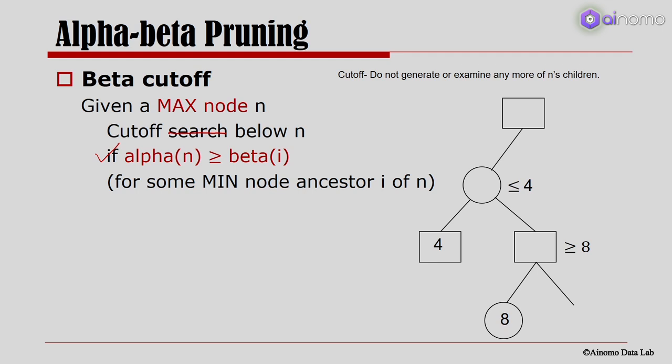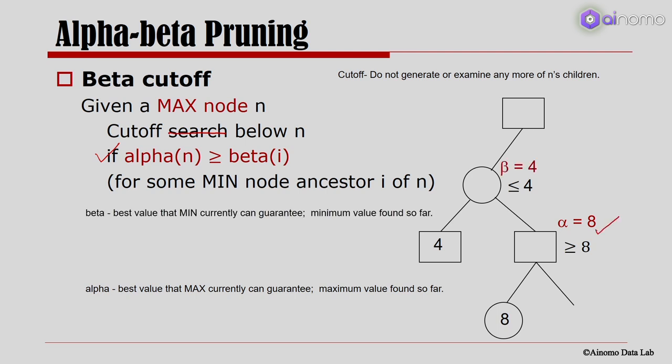Now recall what we meant by alpha and beta. Alpha is the best value that Max currently can guarantee, so it's the maximum value found so far. So at this node we have alpha equal to 8. Beta is the best value that Min currently can guarantee, so beta is the minimum value found so far.